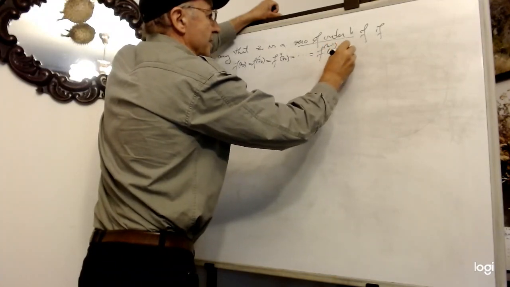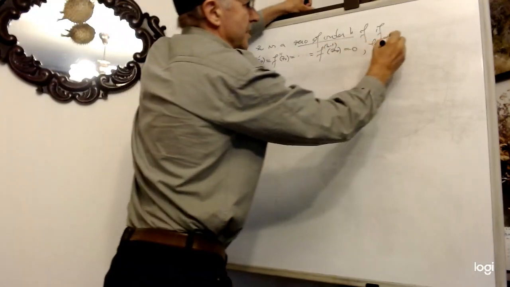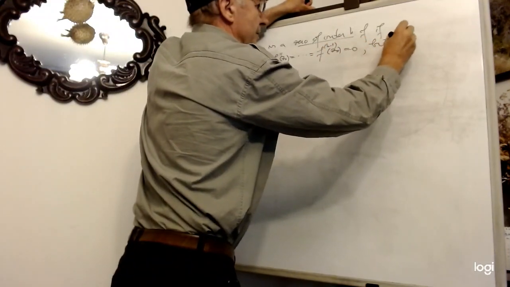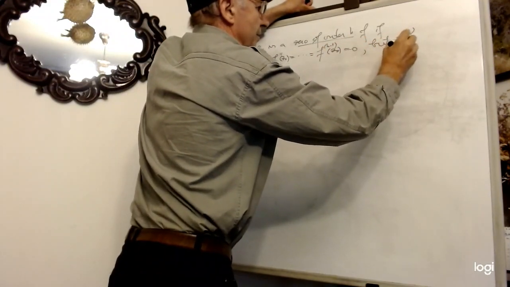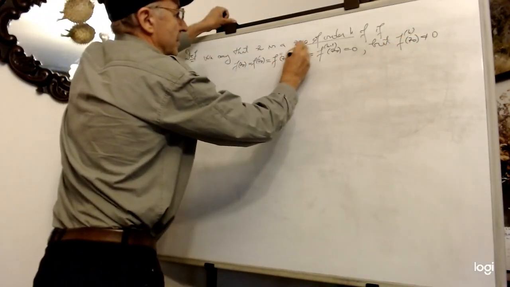All are 0, but the next derivative, the derivative of order k of f at point z0, is different from 0.